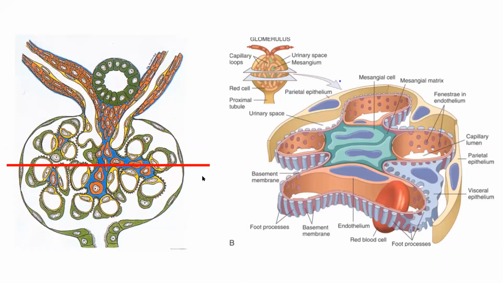If you take a cross section of the glomerulus, this is what it's going to look like. Here you have your glomerular capillaries, and as you can see, they are fenestrated. So you have small fenestrations in the glomerular capillary endothelium.